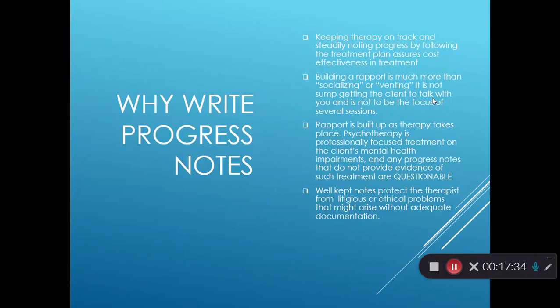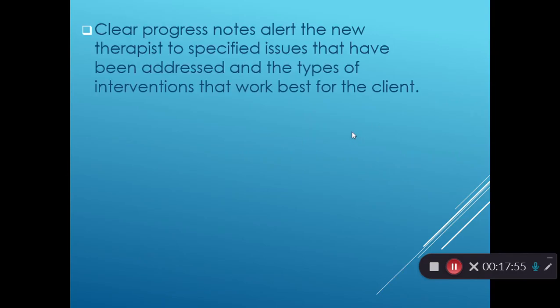You want to remove the fluff from your notes. You want to be able to go in there, read the note, and see what the client's issues are and what they're doing to work on it, and you want to report that in a way that is showing evidence. Progress notes should be clear and concise.